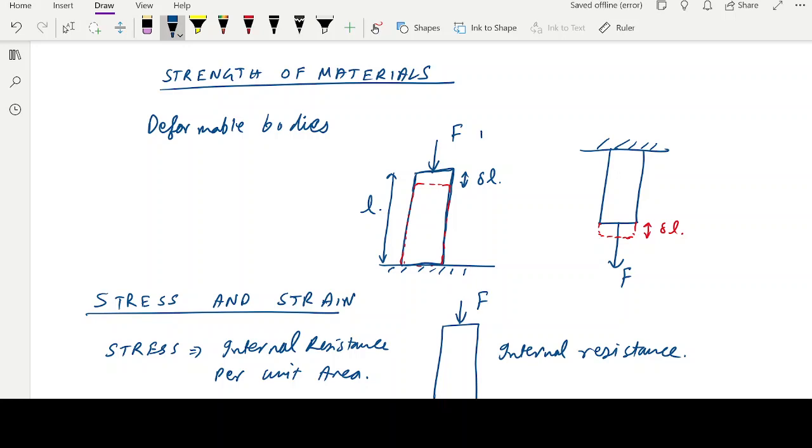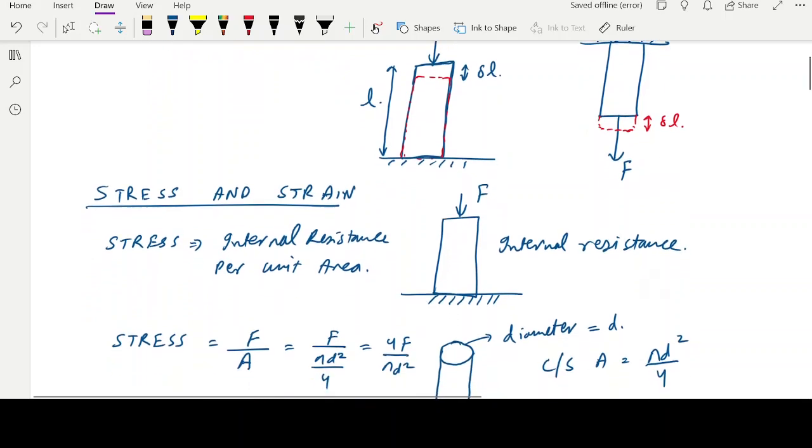In the first case, the force is applied in a compressive manner, so it results in a compressive deformation, a decrease in the longitudinal dimension of this bar. In the second case, the bar is acted upon by an axial tensile force which causes the bar to elongate by a del L amount. So strength of materials is basically the study of these kinds of deformable bodies.